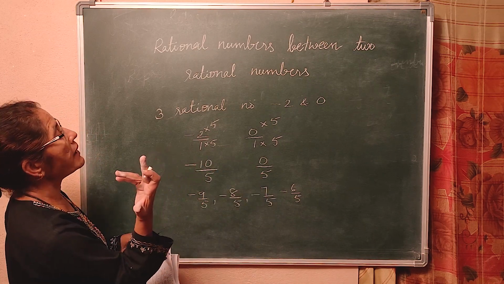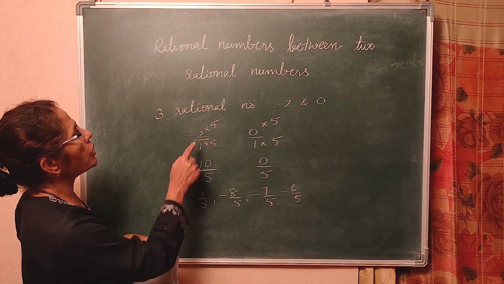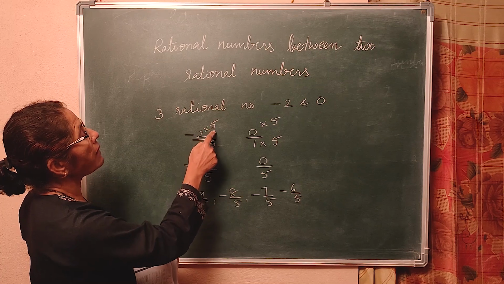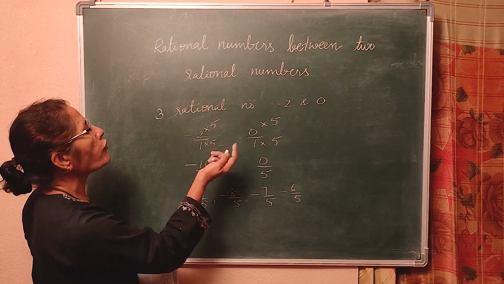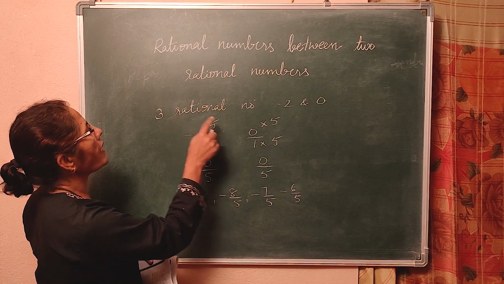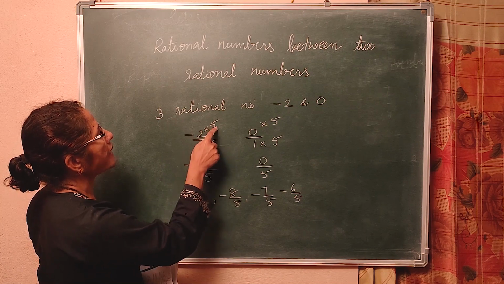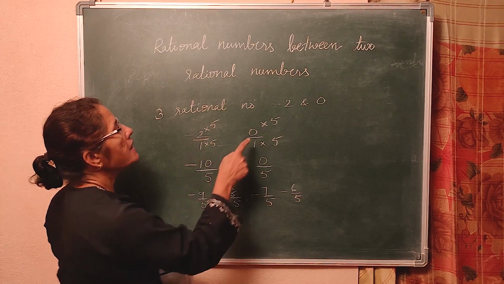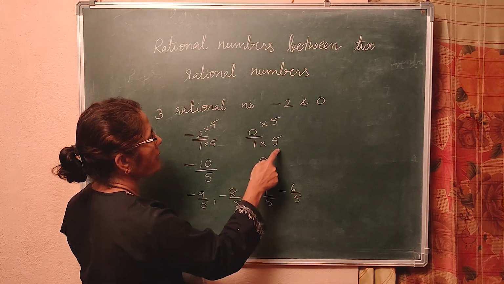So you got many rational numbers. So what you have to do? If you want 3 or 4 numbers, you multiply by 5. So 2 5s are 10, 5 1s are 5. 0 5s are 0, 5 1s are 5.